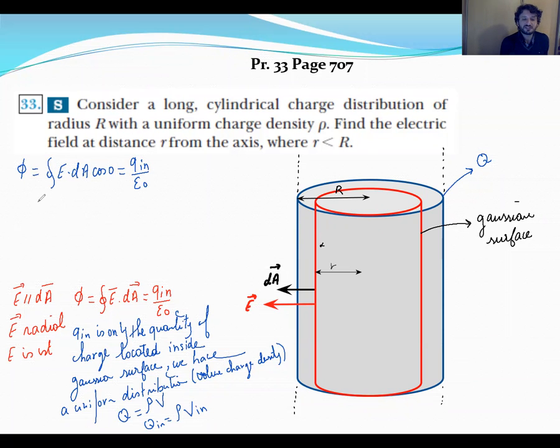So E is constant, we take it out. E times the integral of dA, which is A, equals Qn divided by epsilon.